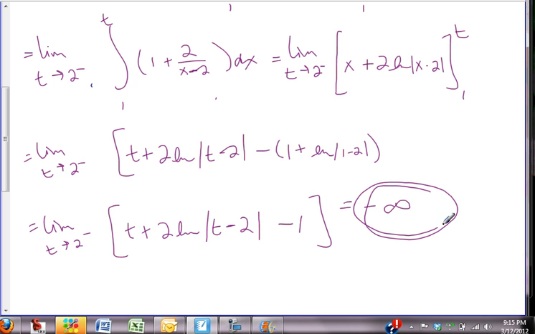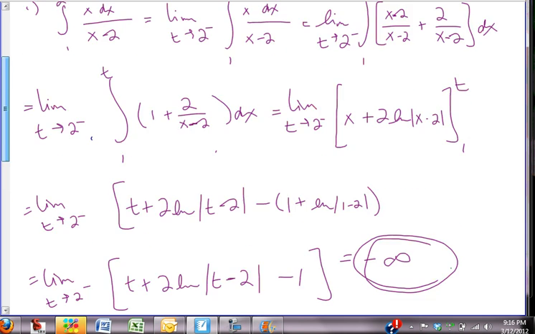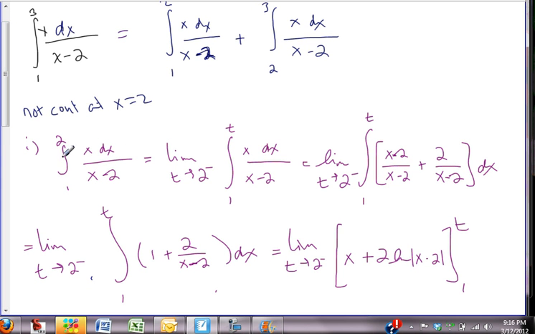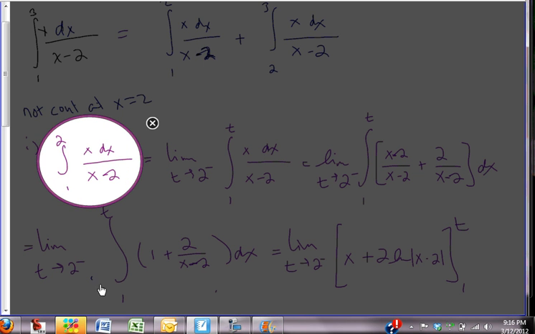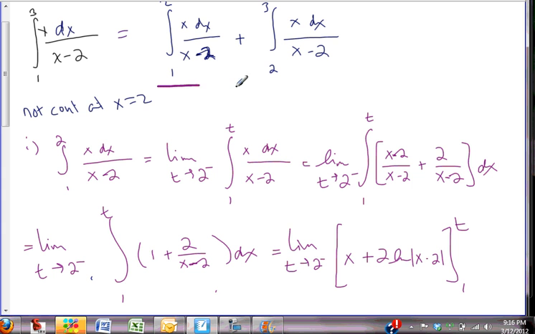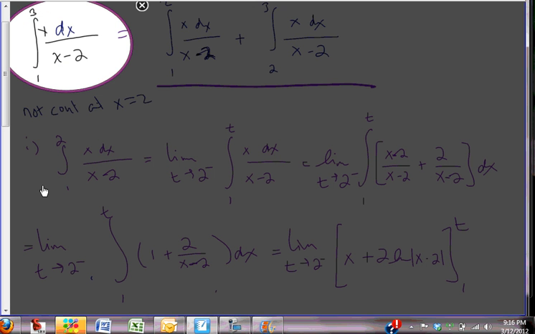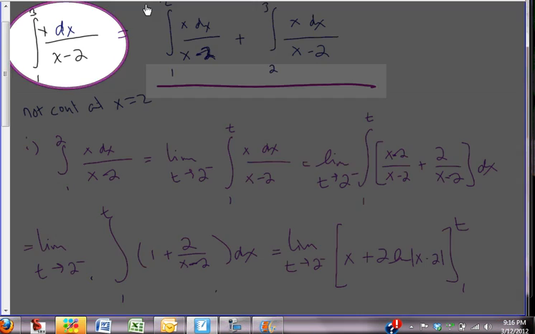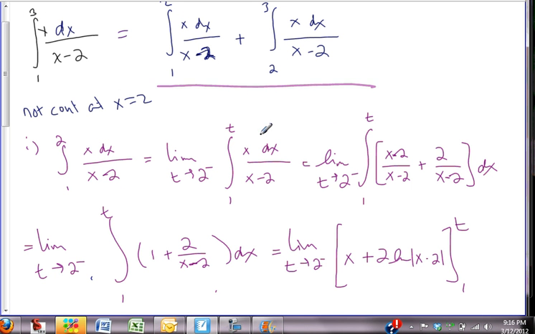So what does that mean? That means it diverges. So the first integral, the first one that we were working with, this one right here, diverges. So what does that mean? That means the entire integral we were working with diverges. So the whole thing diverges, and we're done.